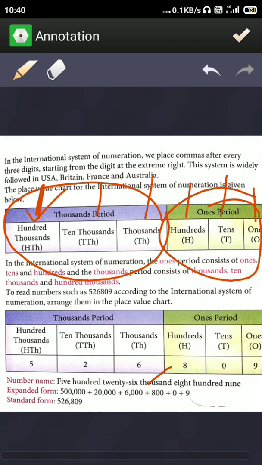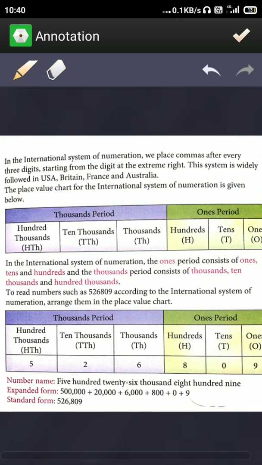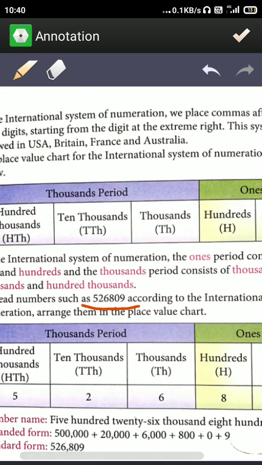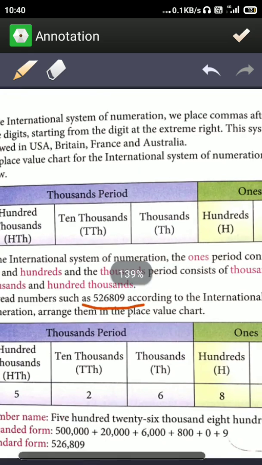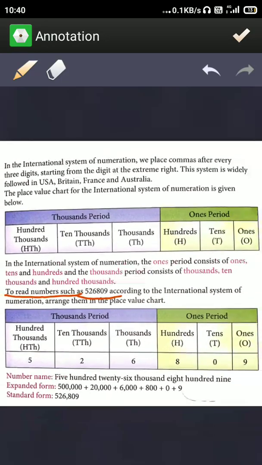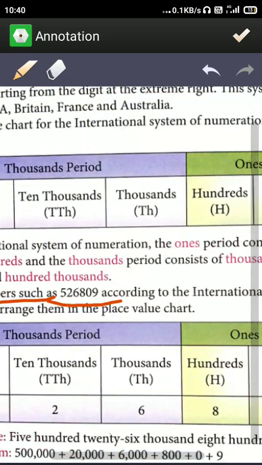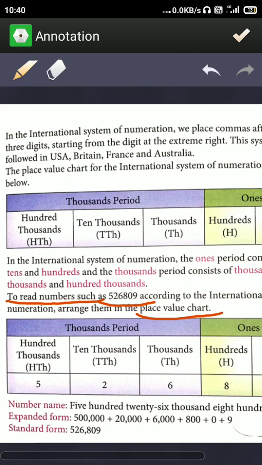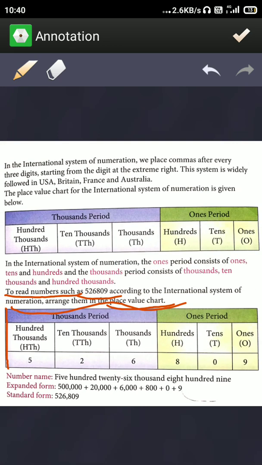So suppose I have one number, and that is 526809. How can we read such a large number? To read such a large number, we have to place it in the place value chart. In the previous class, I have already discussed with you what a place value chart is.